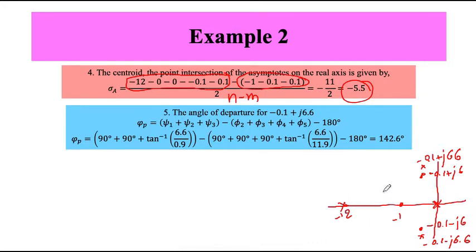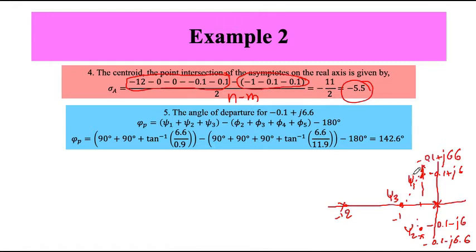Okay, now I will calculate the angles. The angles with respect to the zeros, I am considering psi 1, psi 2, psi 3, for this pole.